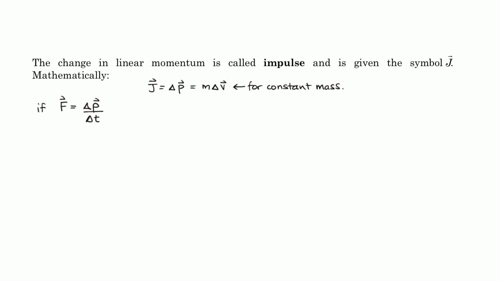And if force is equal to the change in momentum over the change in time, then force is equal to impulse over time. This is going to be an important equation, so we'll call this equation number 1: the impulse is equal to force times time.